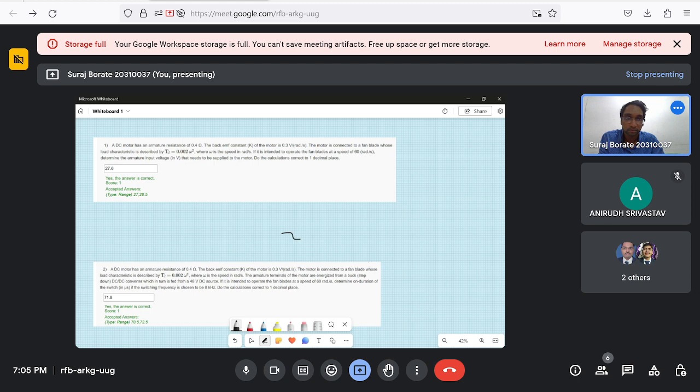So you substitute 24 into 0.4 plus EB, which we found out to be 18 volt, and we get VA to be almost 27.6 volt. Any doubts in the first question?